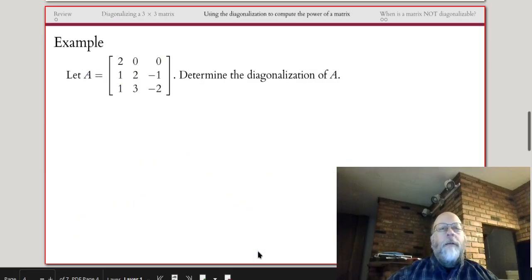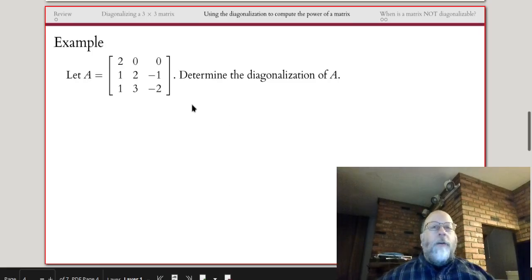All right, let's move on. So here's a 3 by 3 example. This is going to be a little harder. We want to determine the diagonalization for this matrix here. And there you go. So again, first thing we're going to do is find the eigenvalues.